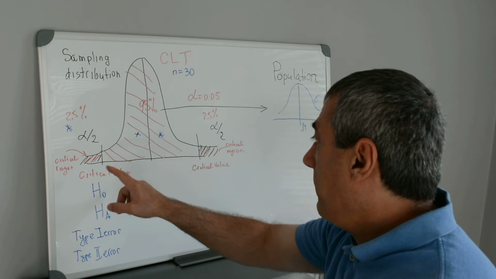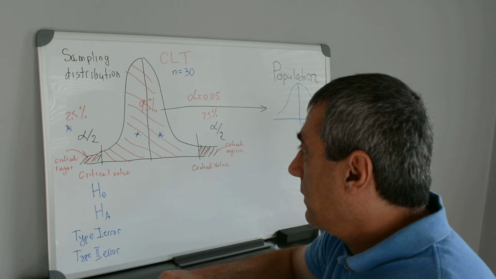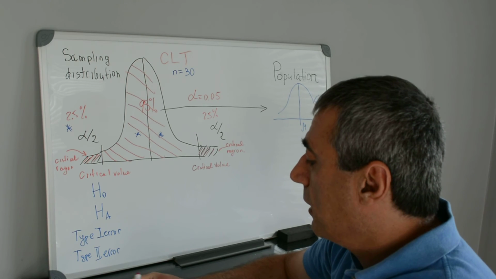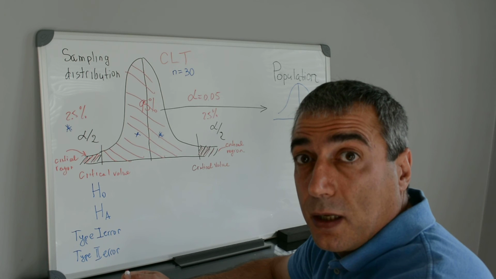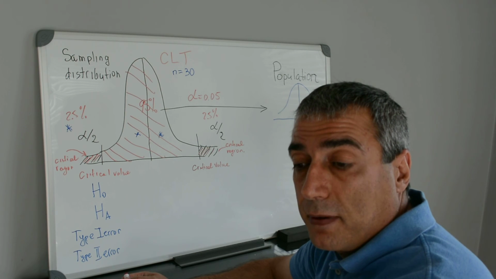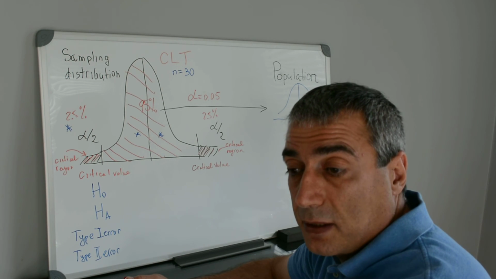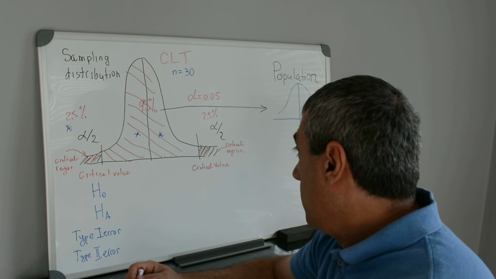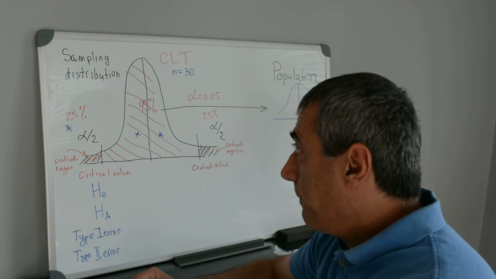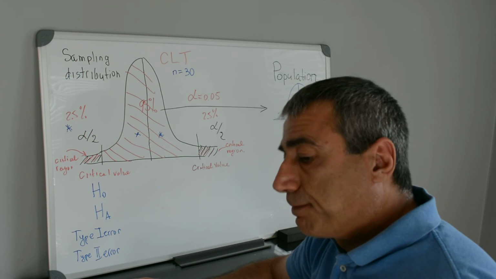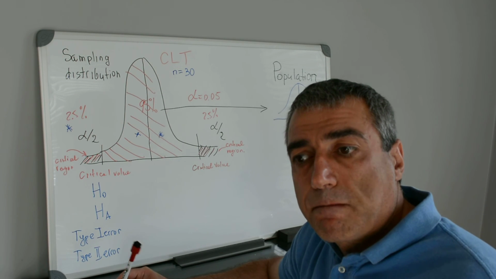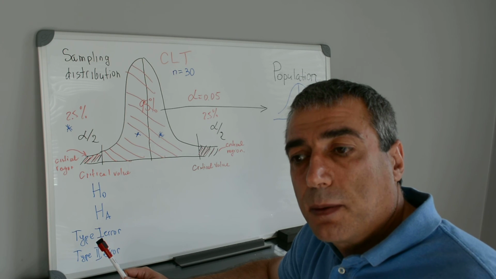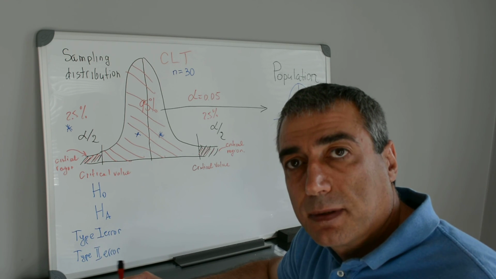And again, depending on the significance level, your type 1 error and type 2 error will be dependent on the significance level. Okay, that's about type 1 and type 2 errors and significance level.